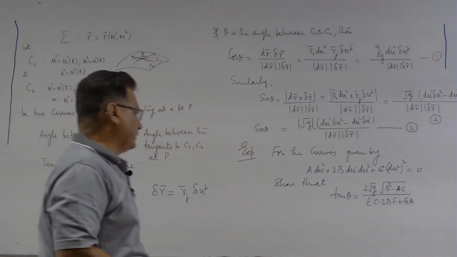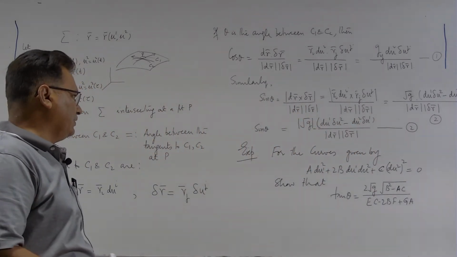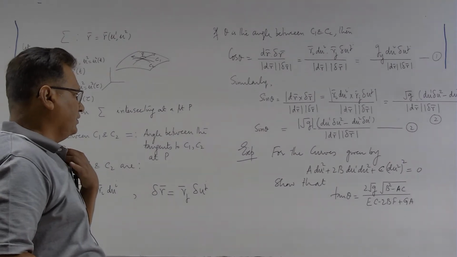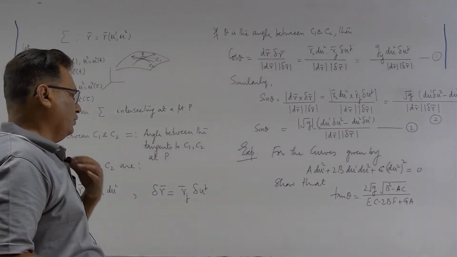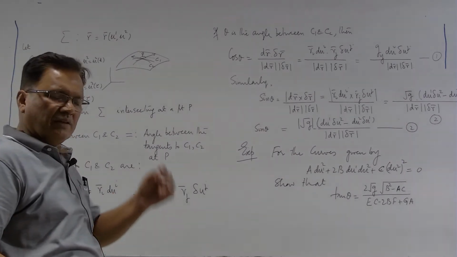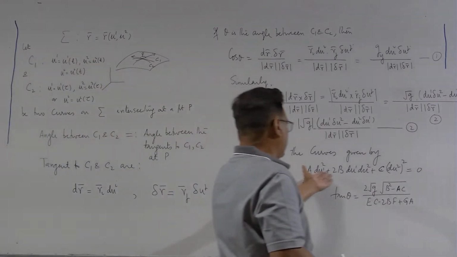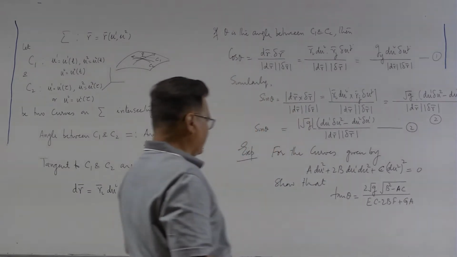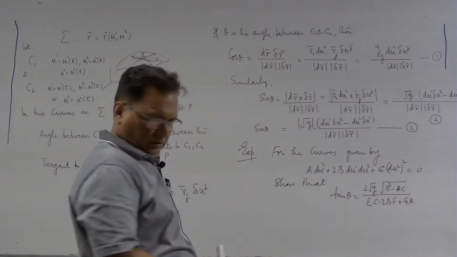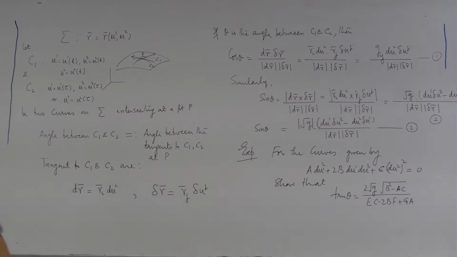All the symbols I explained to you in my earlier lecture, that E is G11, F is G12 and capital G is G22. A, B, C are given here as coefficients in this differential equation. Okay. So, let us try to resolve this problem.